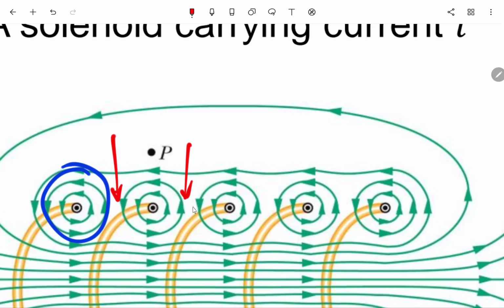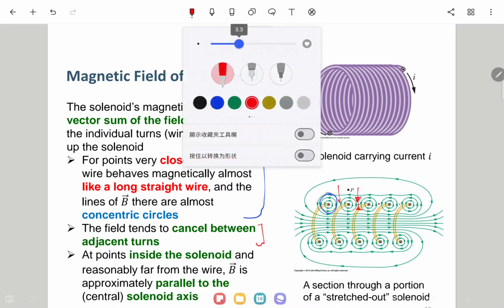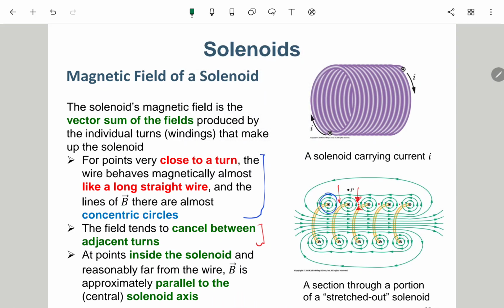So if it is actually the midpoint between these two wires, the magnitude will be the same and point to the opposite direction. So it perfectly cancels each other. Which means that near that region, the B field is quite weak at those points.